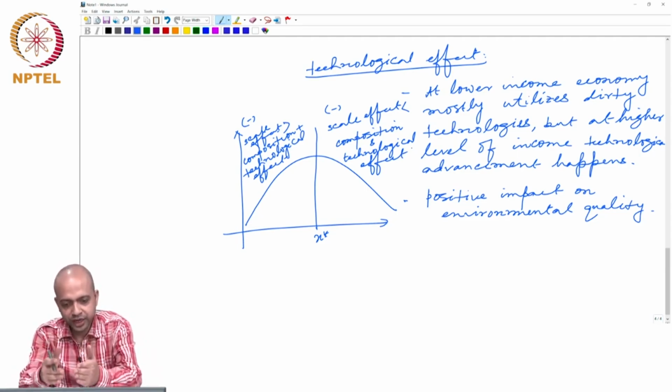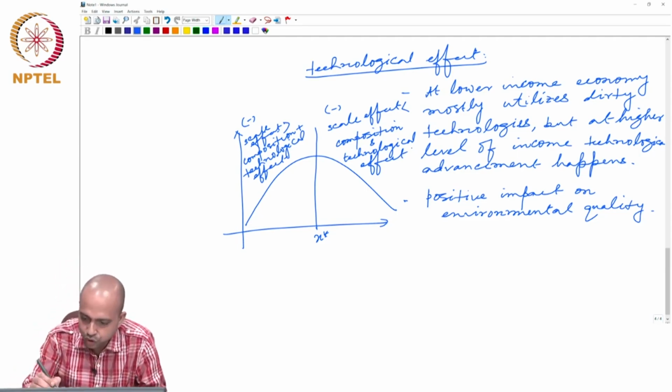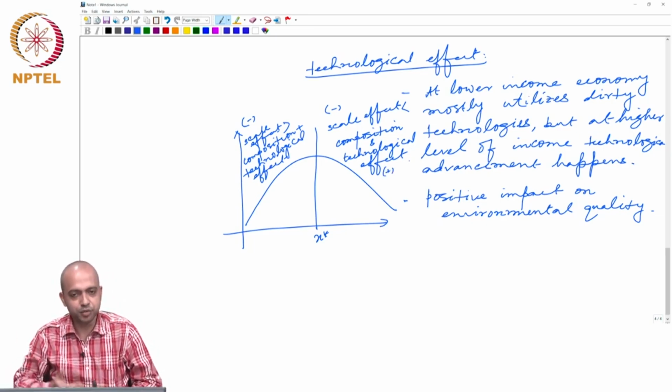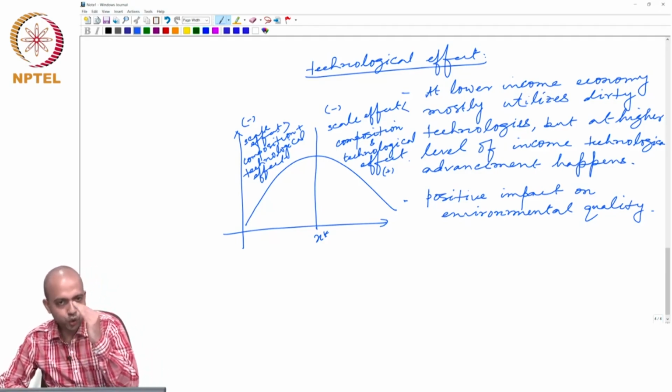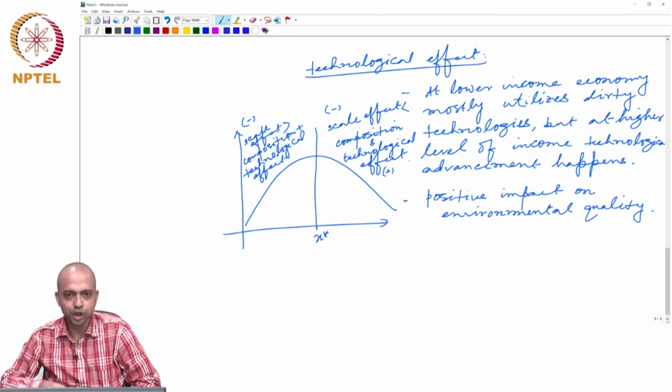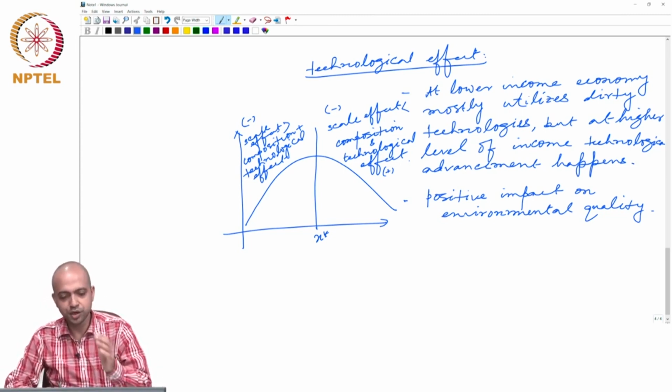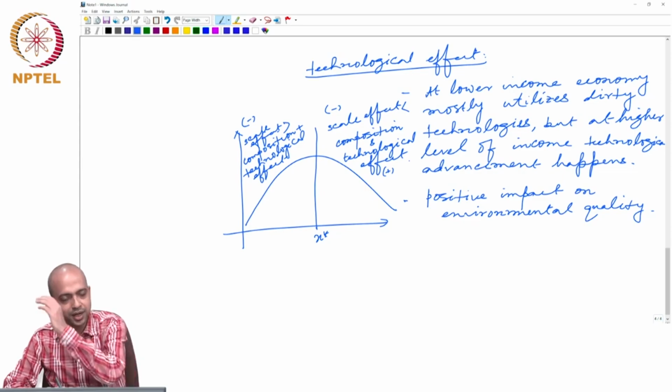So, when the negative impact is lower and positive impact is more, we get the declining part of the EKC, that means environmental quality starts improving. So, this is how through scale, composition and technological effect of economic growth, we can explain the EKC type of relationship between income per capita and emission per capita.